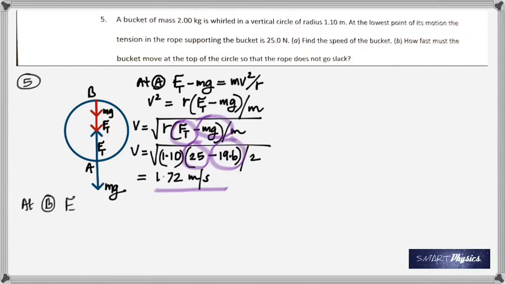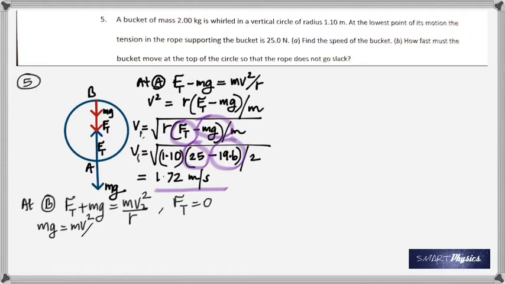Now at the highest point, Ft plus mg, because both are acting in the same direction, is mv squared by r. And the question says, how fast must the bucket move at the top of the circle so that the rope does not go slack. Now when you say the rope does not go slack, you're trying to say that the tension in the rope is reduced to zero, because the rope goes slack when the tension is zero, right?